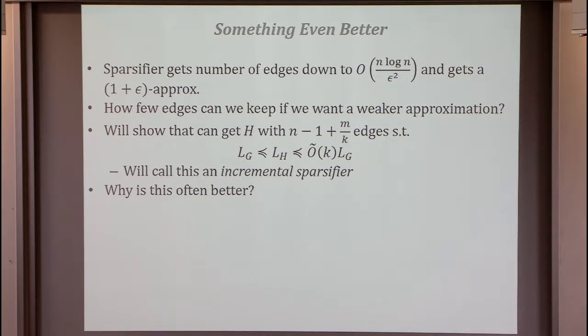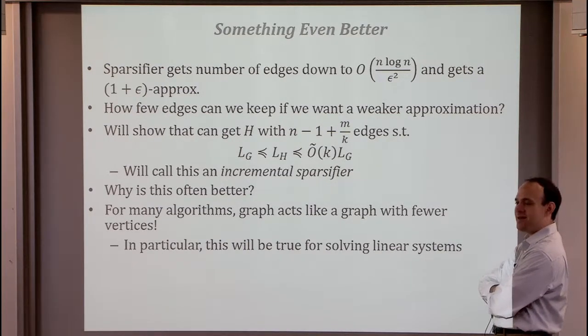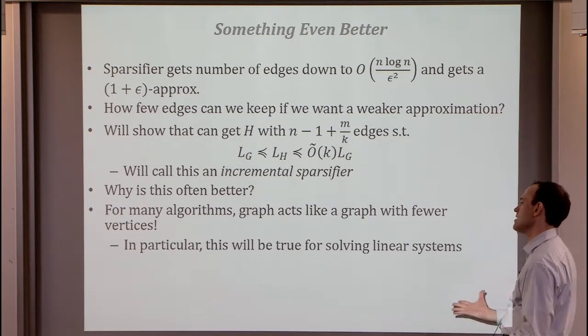And now the real point here is that for a lot of algorithms, in particular linear system solvers, morally, if I give you a tree plus k edges, solving problems on it is linear time and then a graph that's really of size O of k.